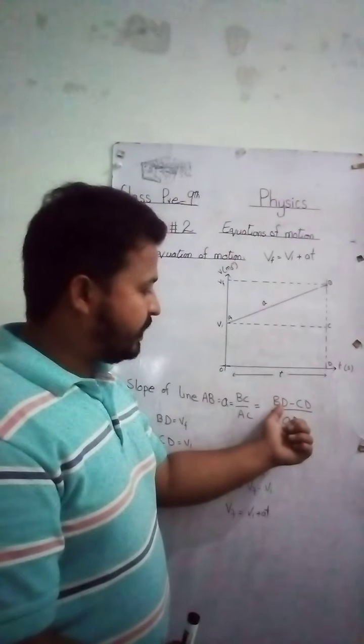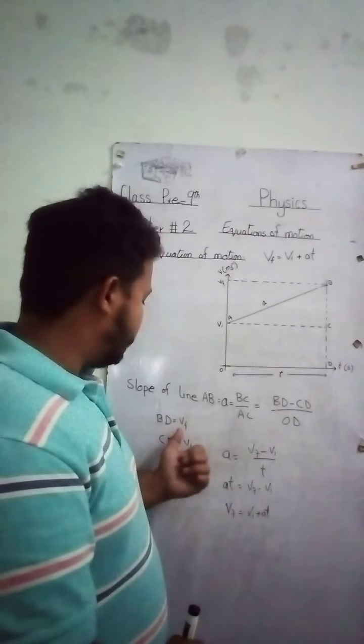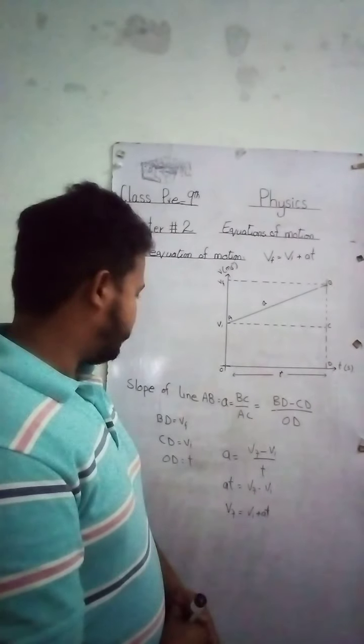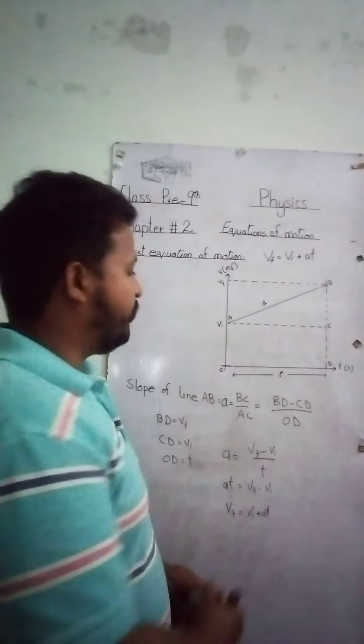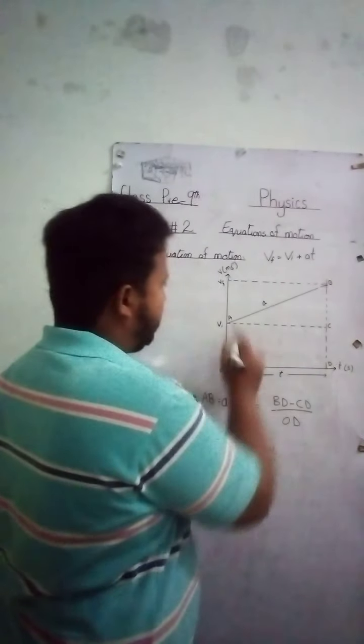So BD means final velocity, from start till end.